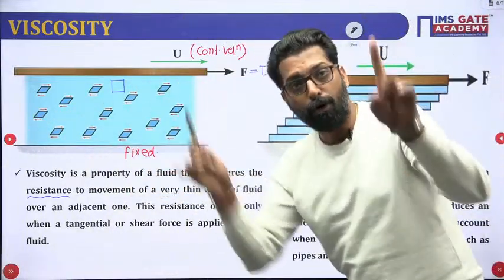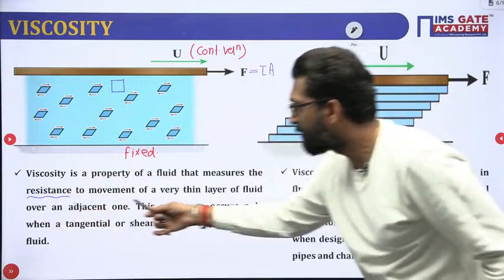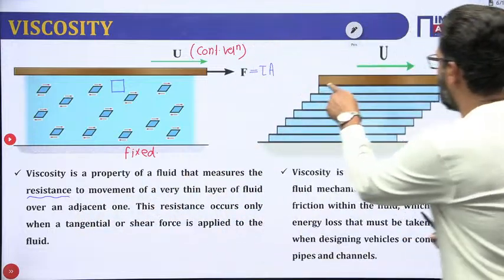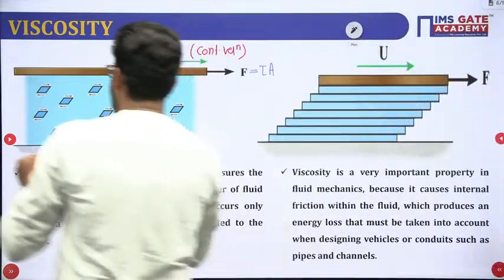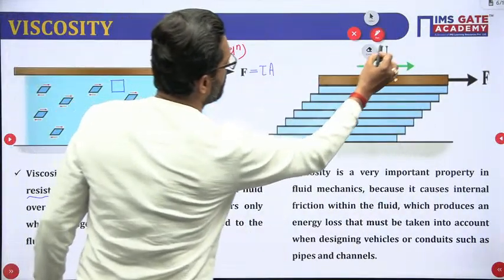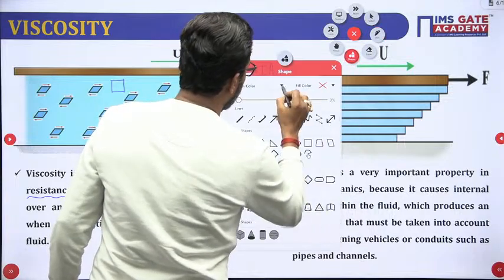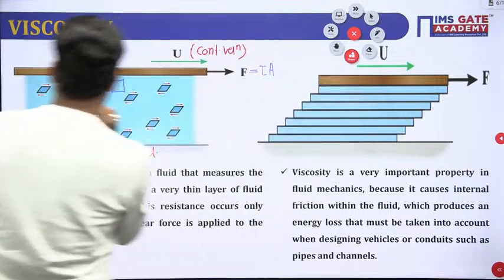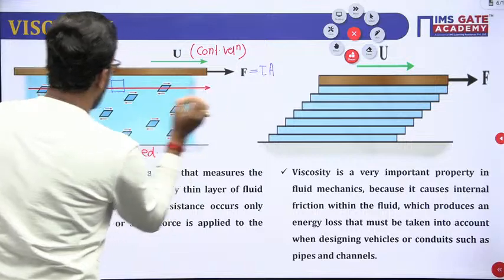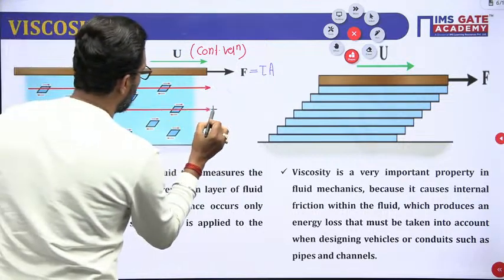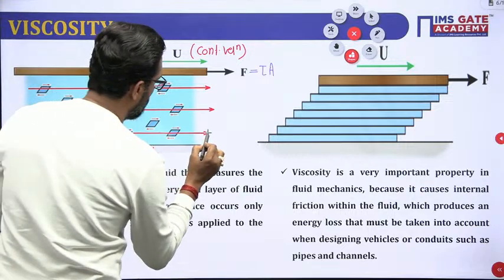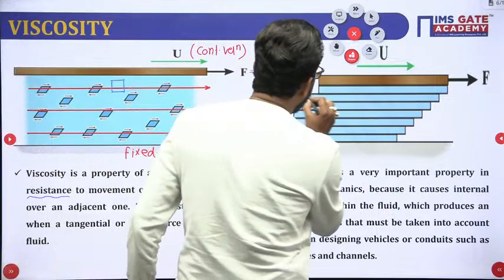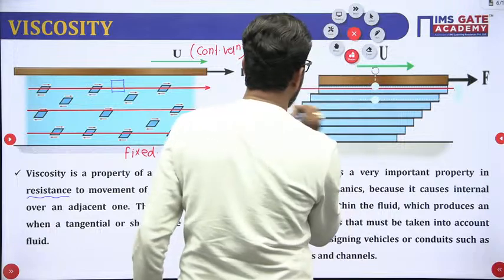That means if you know the fluid property, you know the resistance to the movement in a very thin layer of the fluid. That means it is layer by layer. This is the fluid and this is a layer. Let's suppose we are taking this layer, another one, and another one. So we have to create different layers of the fluid.